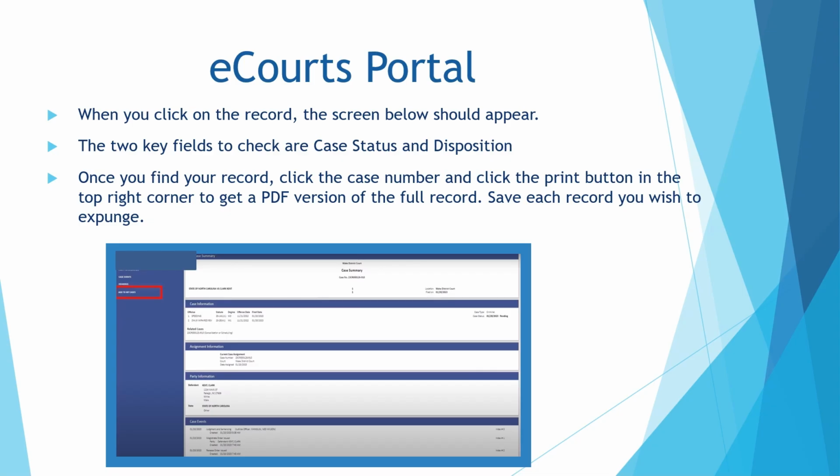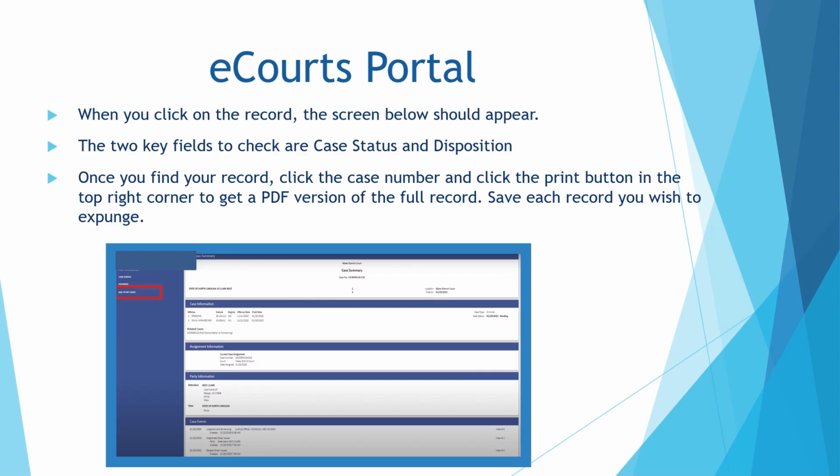As we keep going down, you're going to see the assignment information, which is the court it's been assigned to. It's Wake District Court. You're going to see the party information. That should have your information on there with an address. And then you're going to see the case events.